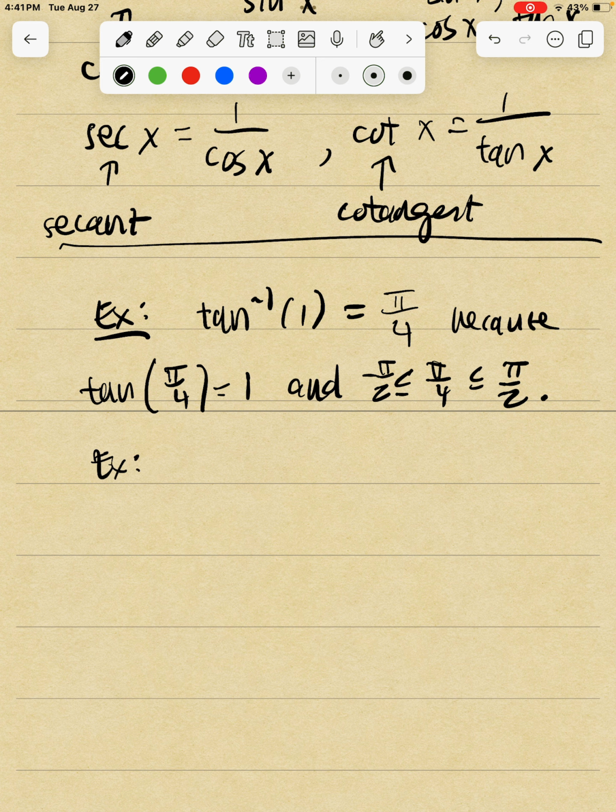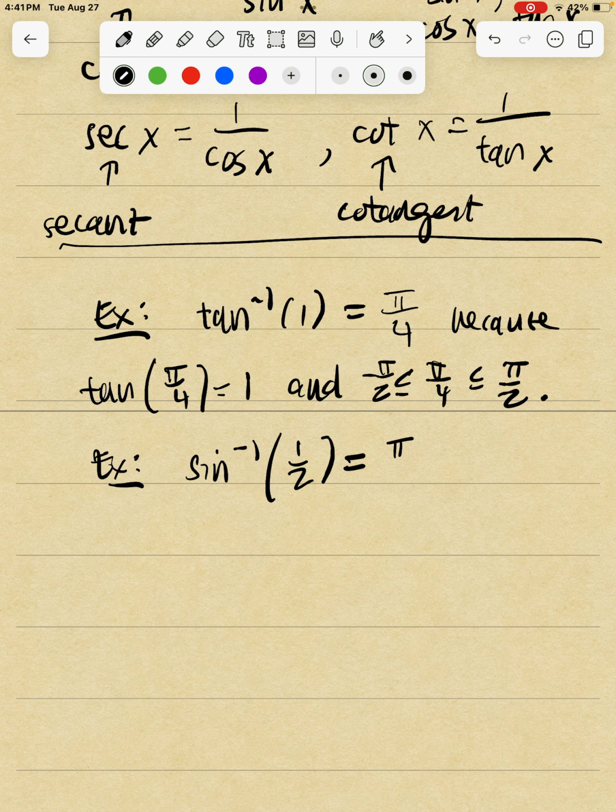Okay, let's do another example. What's arc sine of 1/2? So again, what's the value of theta such that sine of theta is 1/2 and theta is between negative pi over 2 and pi over 2? It's pi over 3. No, it's not pi over 3.